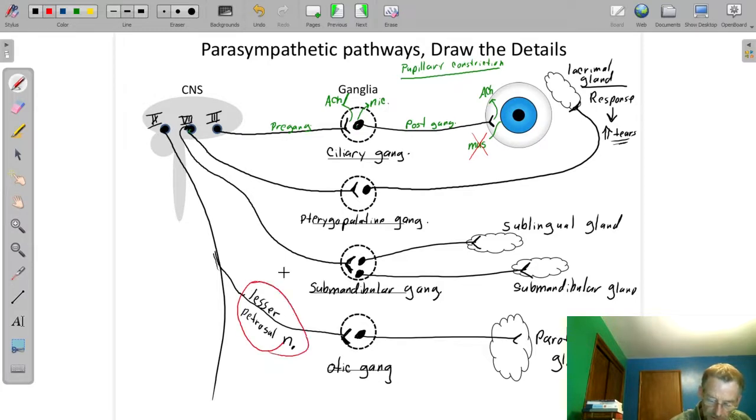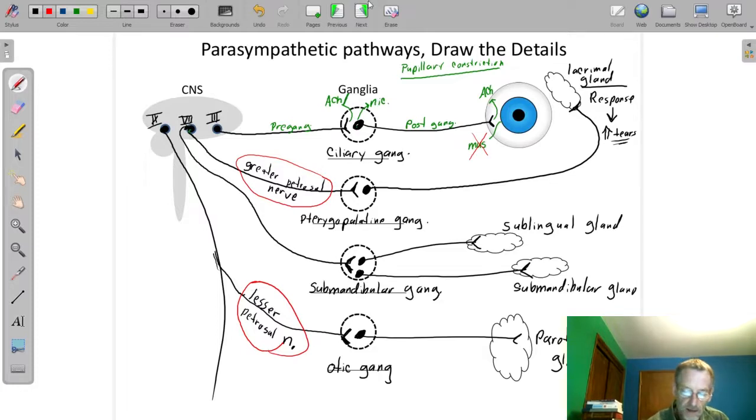Oops. This is the greater petrosal nerve. You will not have to identify those in pictures. Okay, that you need to practice until you get it.